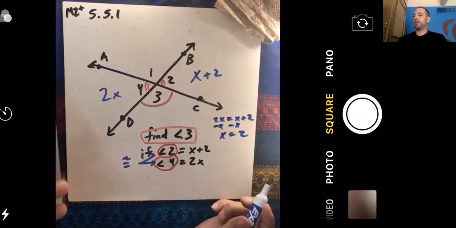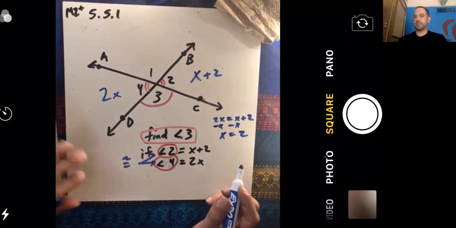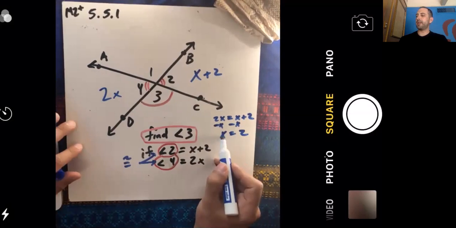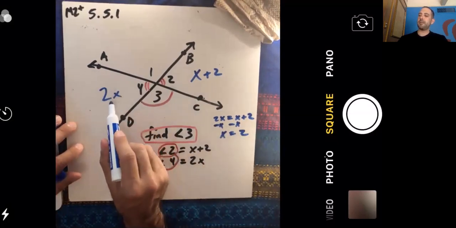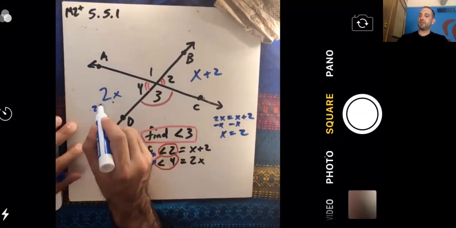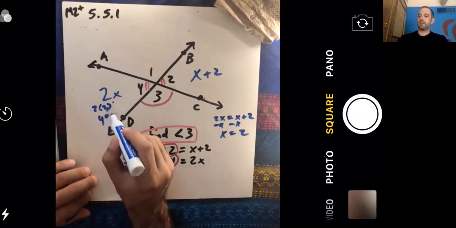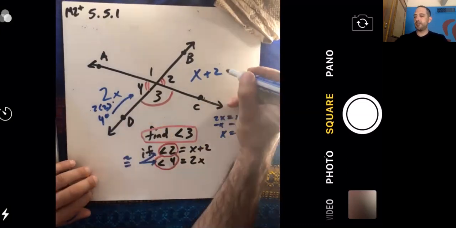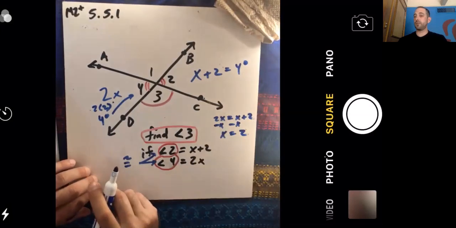Now we know what x is, so we plug that in. So 2 times 2, we know that this is 4 degrees. So this has to be 4 degrees. Okay, these are not drawn to scale. That's way more than 4 degrees.